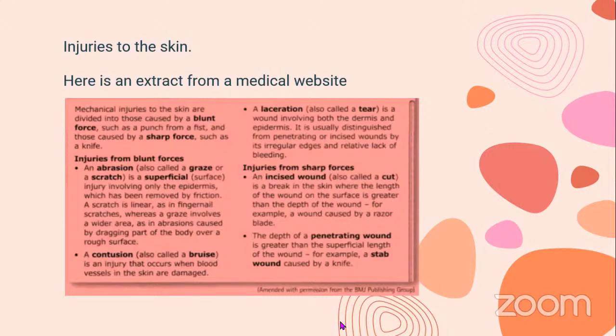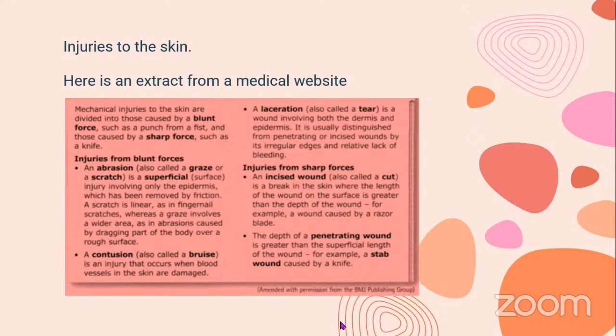A laceration, also called a tear, is a wound involving both the dermis and the epidermis. It is usually distinguished from penetrating or incised wounds by its irregular edges and relative lack of bleeding.